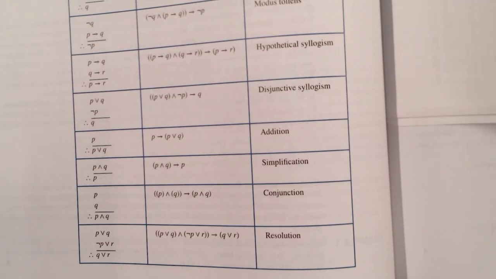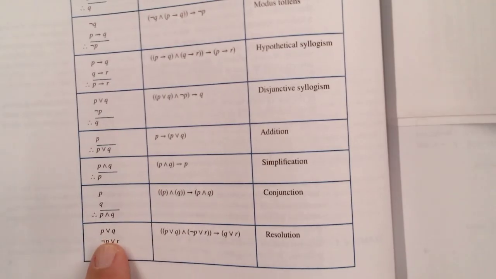But I've got a P and a not P. One of those is going to work. The other one won't. So let's suppose P is true. If P is true, then this top sentence is true. But then for this bottom sentence to be true, I need R to be true, don't I?